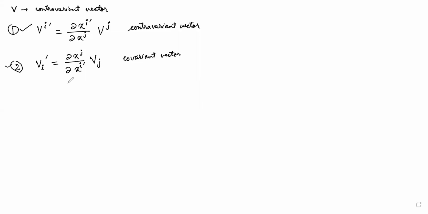This we saw last time. Here we have x_j and v_j, so one index is repeated, which means we are using the summation convention.